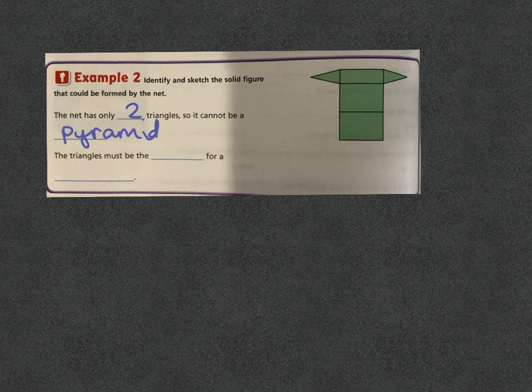And since it's not a pyramid, and these are my lateral sides, then what's left is my little triangles, and those must be my bases. So the triangles must be the bases for a prism. So I am going to draw a prism that has the triangle as its bases, both bases. So it will go like this. Oh, a different color. This.